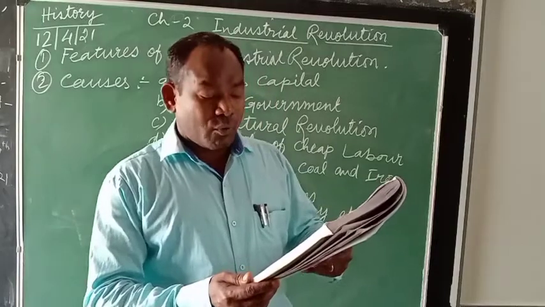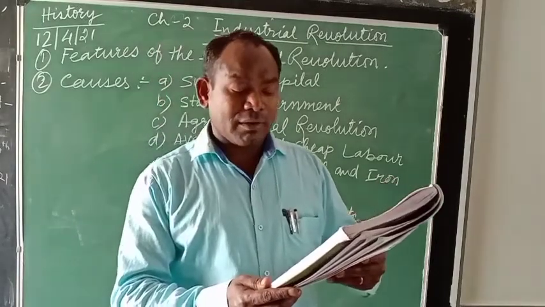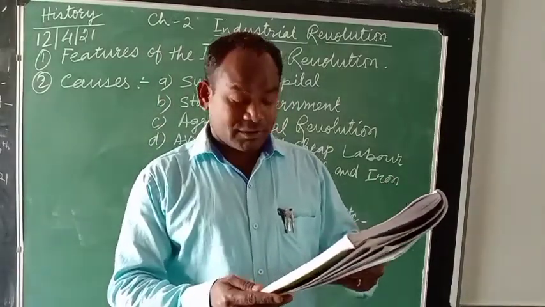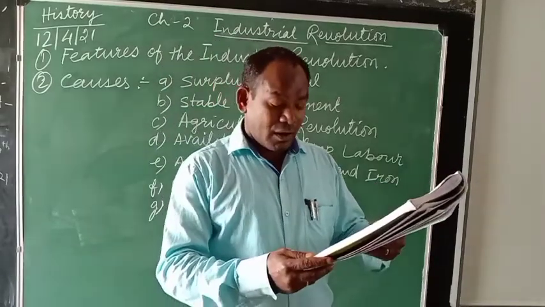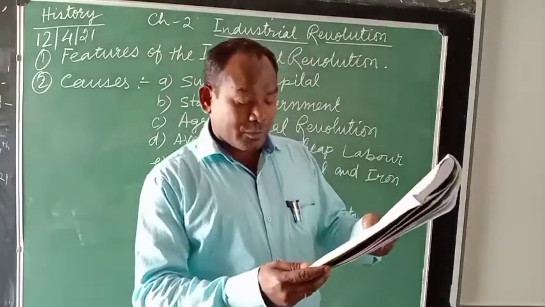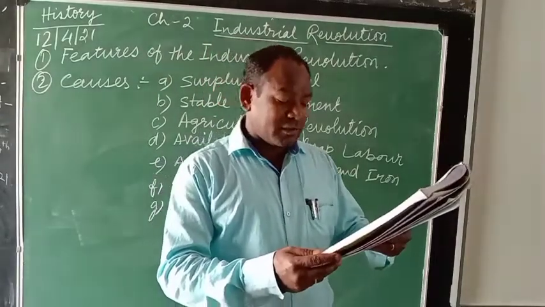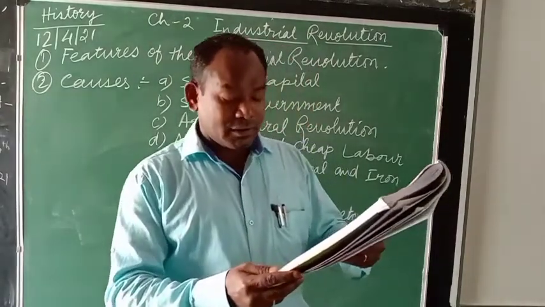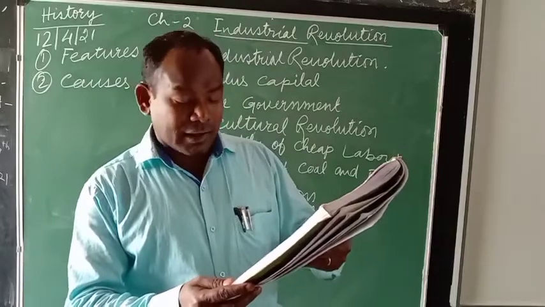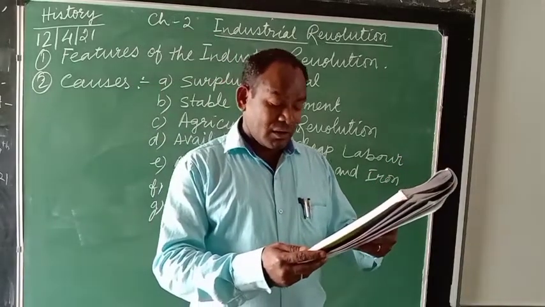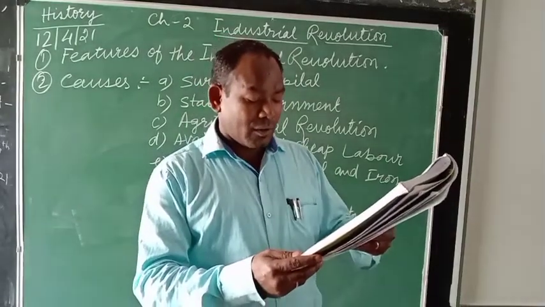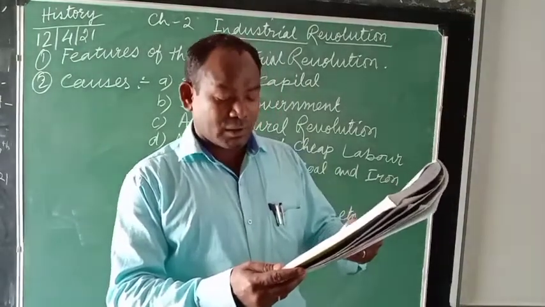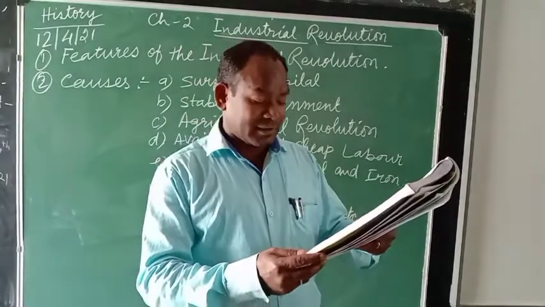This was followed by further revolutionary inventions. New machines such as Hargreaves' spinning jenny, John Kay's flying shuttle, Arkwright's water frame, Cartwright's power loom, and Whitney's cotton gin improved the textile industries.